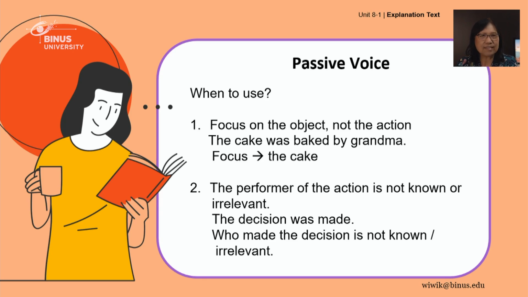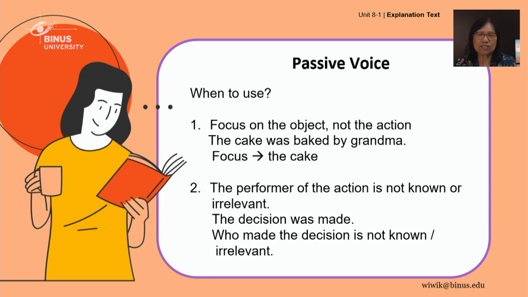The second one, the performer of the action or the subject is not known or irrelevant. For example, the decision was made. So who made the decision is not known or irrelevant.